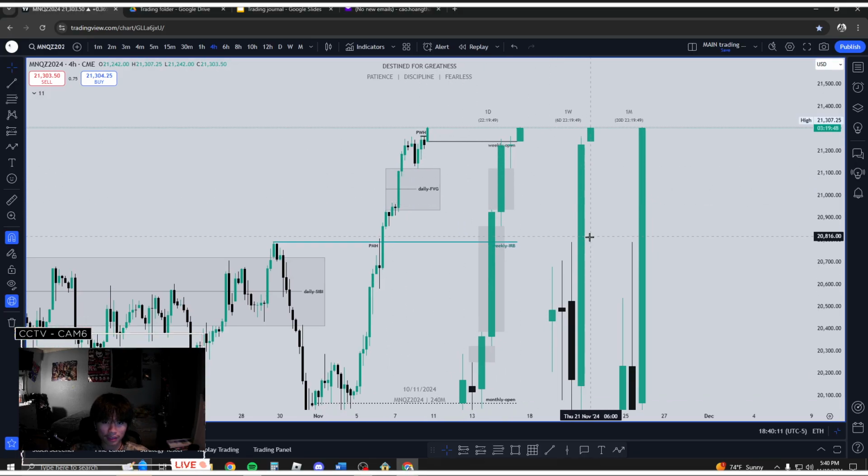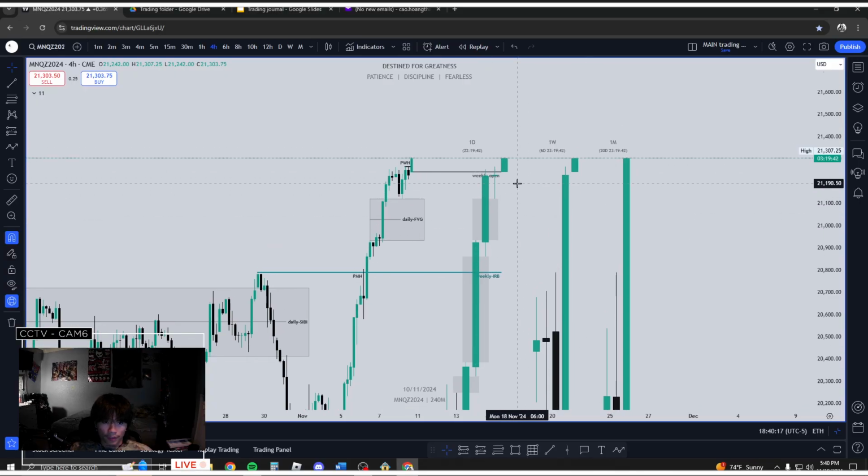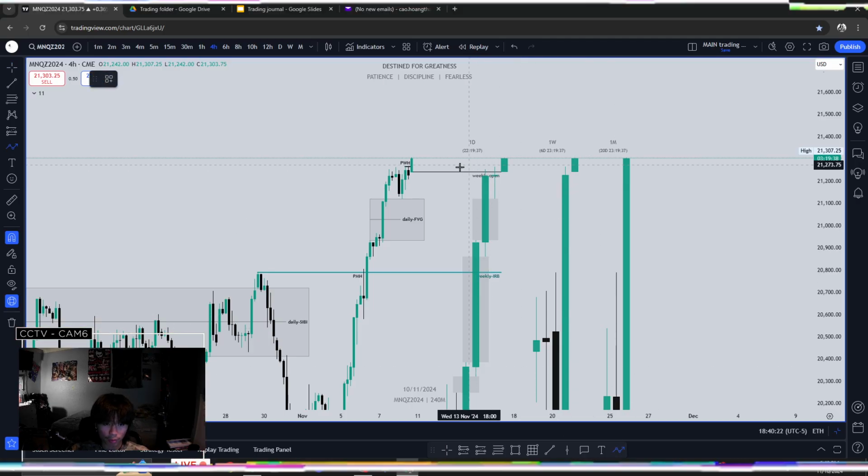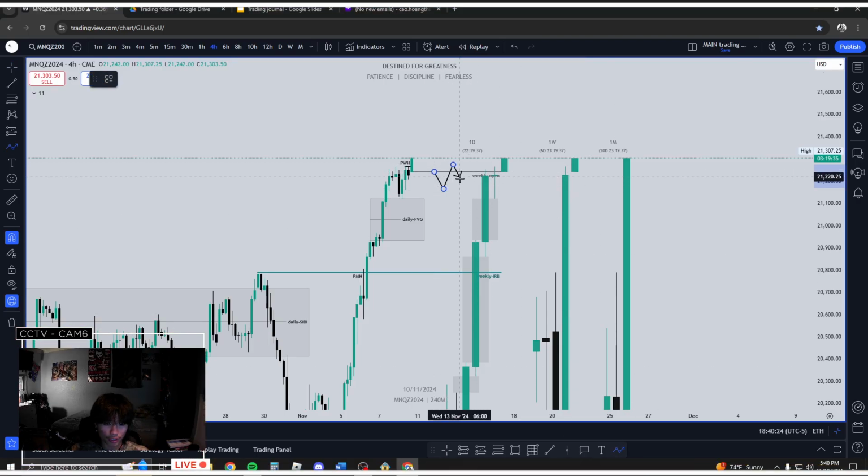Well, that is because I want to see prices create a weekly fair value gap here. So this week, I am not anticipating for prices to completely disrespect this daily fair value gap and have an immediate weekly rebalance. That is something I'm not anticipating.